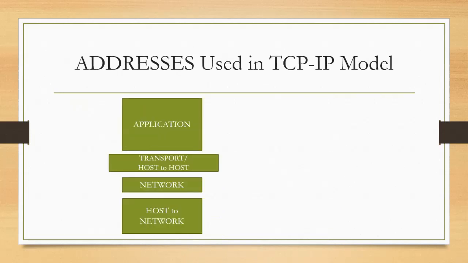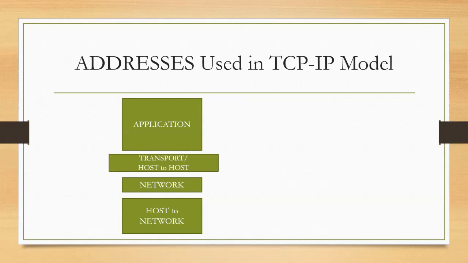There are various addresses used at the various layers in the TCP/IP model. We need to learn the types of addresses used, and we also need to know at which layer those addresses are significant. In the layer functionalities, we have already discussed that the data link layer takes care of the physical addressing.